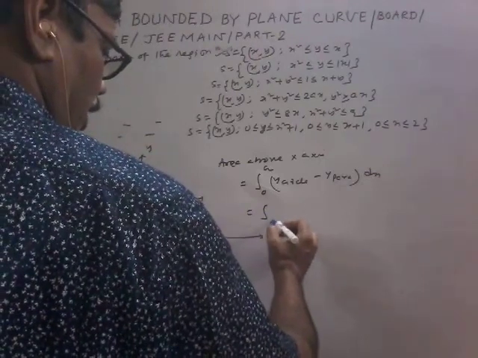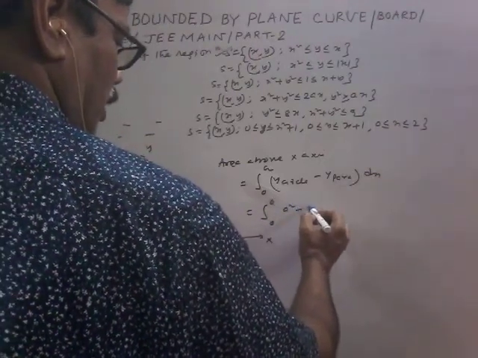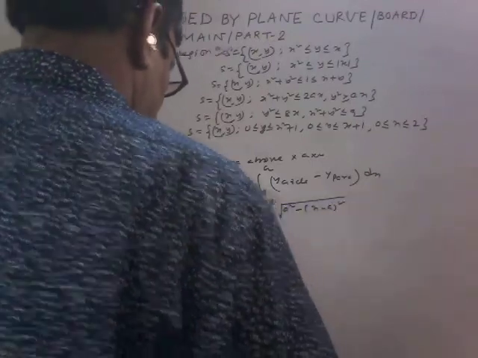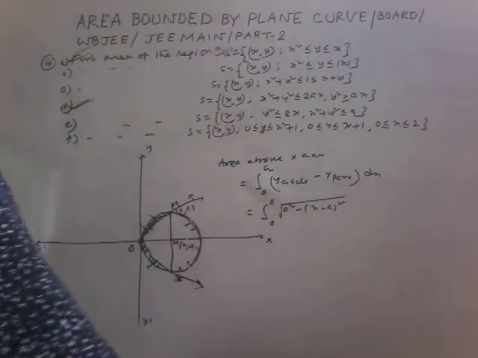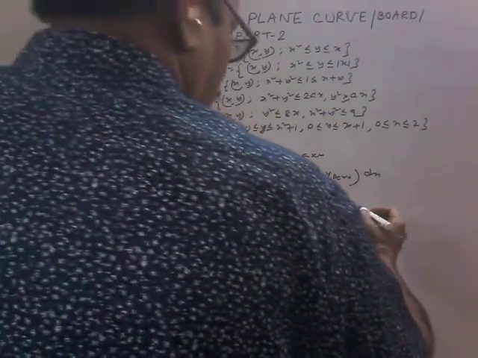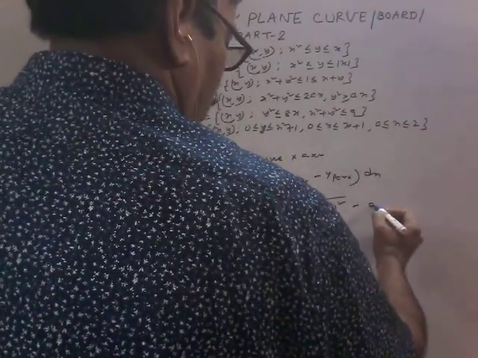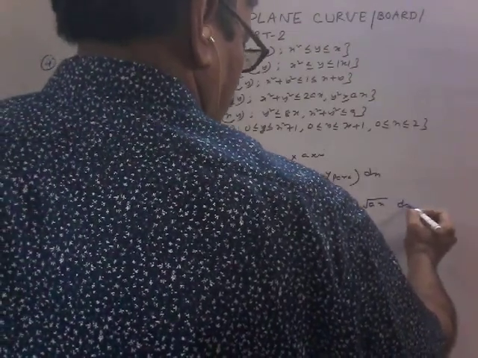So from 0 to a, what is y circle? Root of a squared minus (x minus a) whole squared, minus, what is y parabola? Y parabola is root over ax, dx.